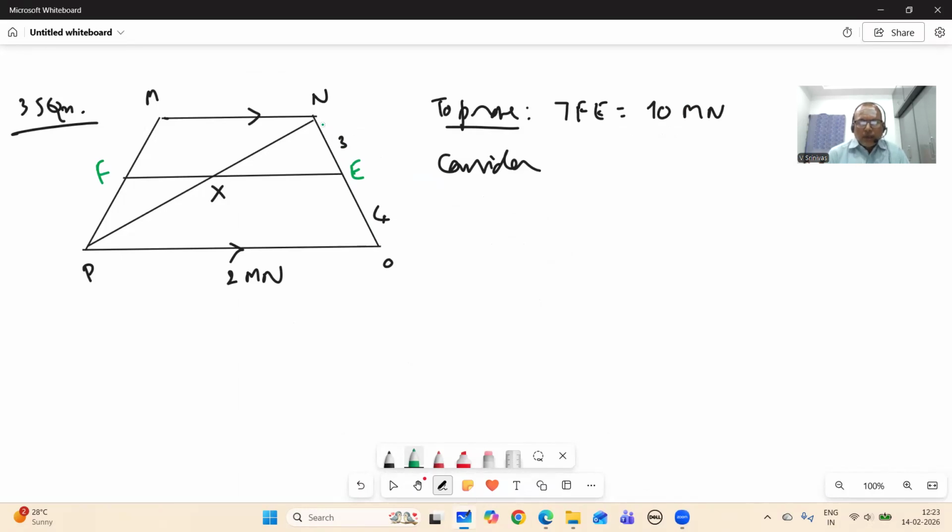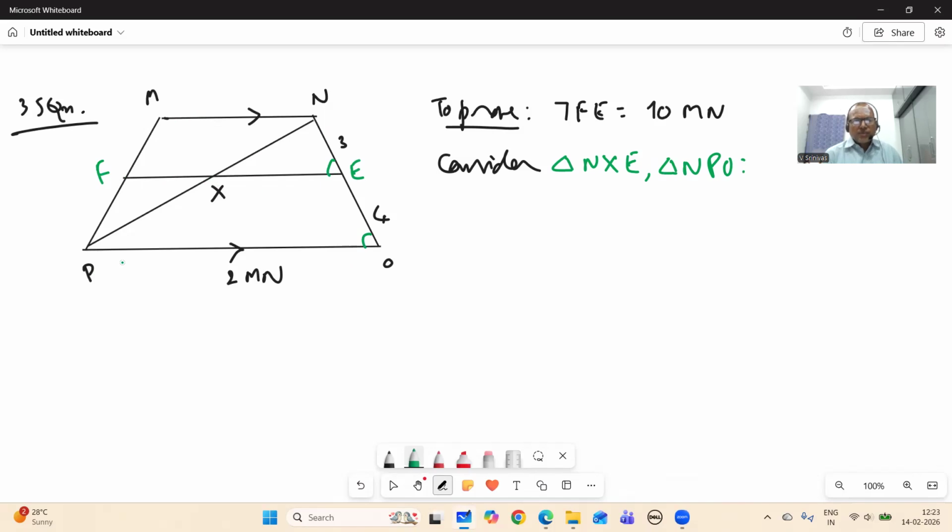So let us consider the triangles NXE and NPO. In these two triangles, these two angles are equal because XE is part of FE. FE is parallel to MN and MN is parallel to PO.